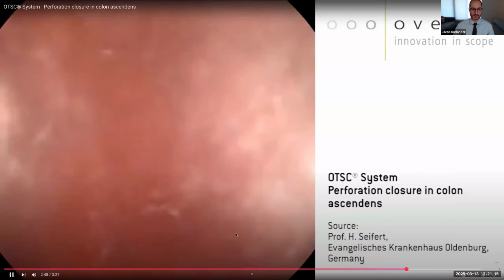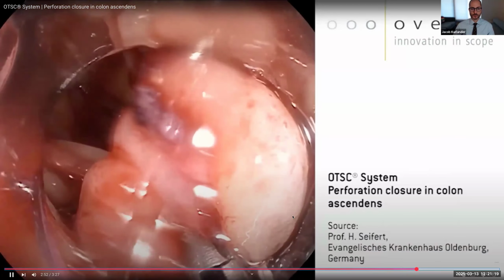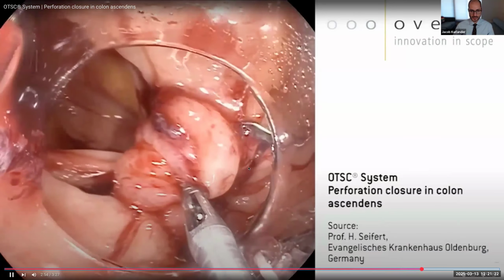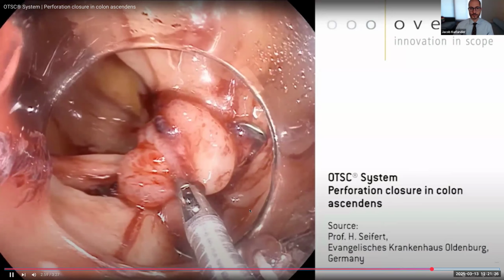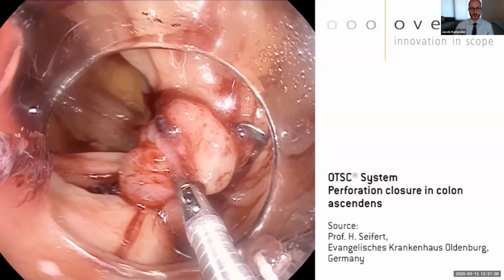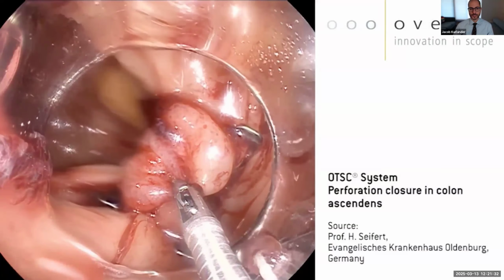And you'll see when they're done, this entire defect is closed circumferentially with this metal object here at the base. So I think this is kind of a game changer in what we're able to do in real-time treatment of these perforations and bleeding events.